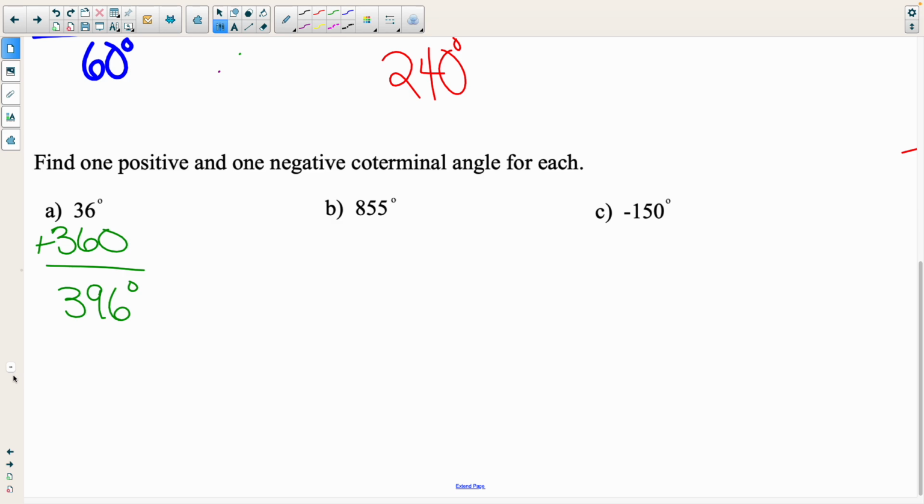And then just go back to the original 36, because I still need to find one negative coterminal angle. So in this case, I'm going to subtract 360.